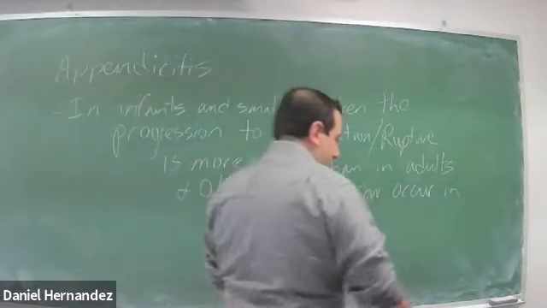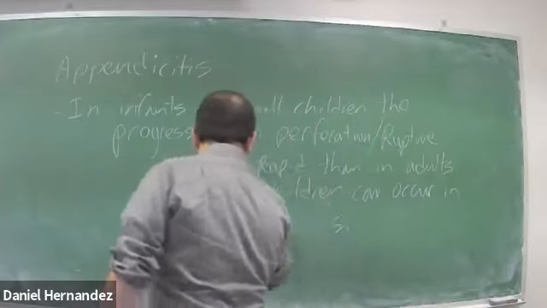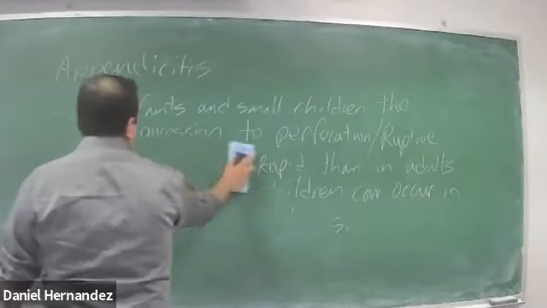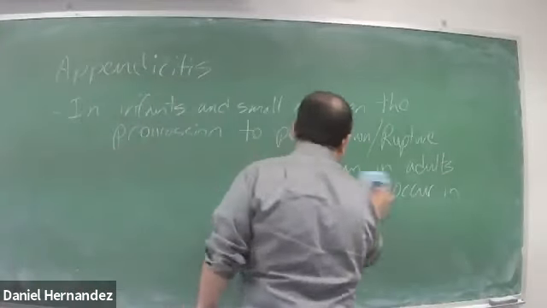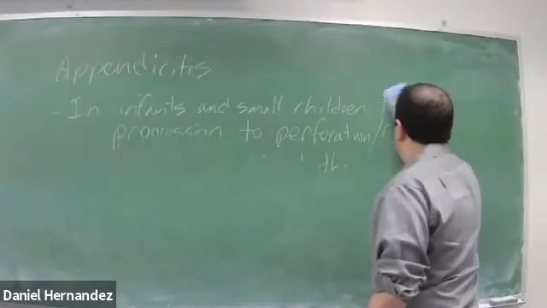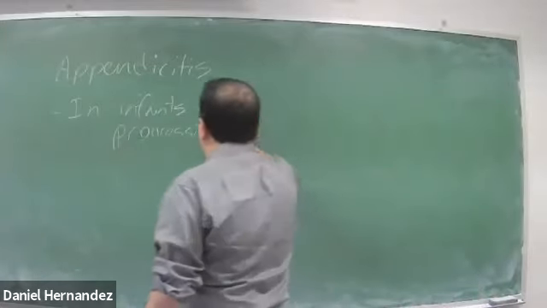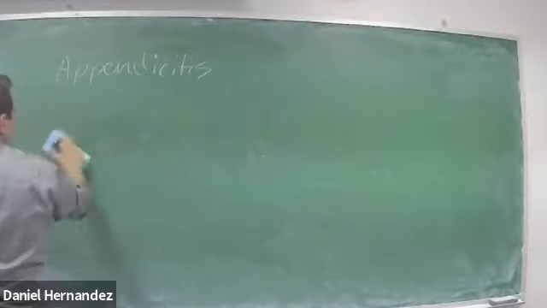If this appendix ruptures, we now have fecal material, which contains a lot of bacteria, entering our peritoneal space.